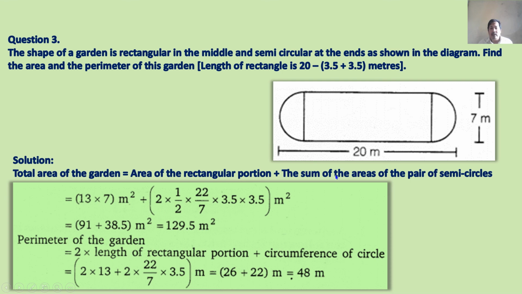And now the sum of the area of the two semicircles here. So 2 into half of the area of the circle. Area of the circle is pi r square. So this is pi, and r means radius. We have already got this radius as 3.5, half of 7.